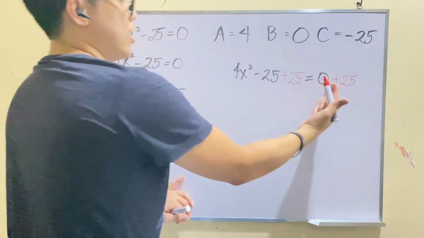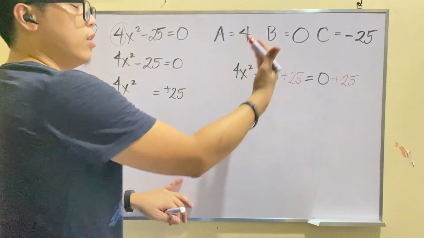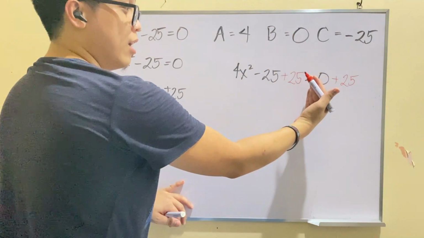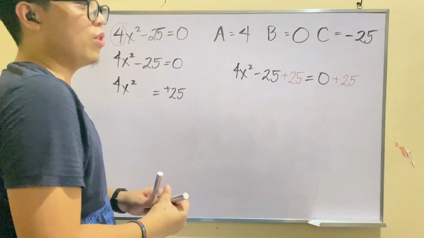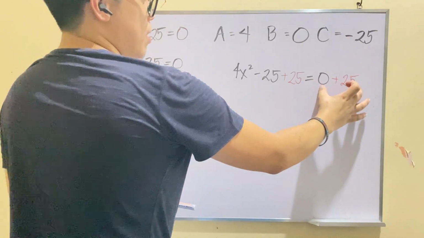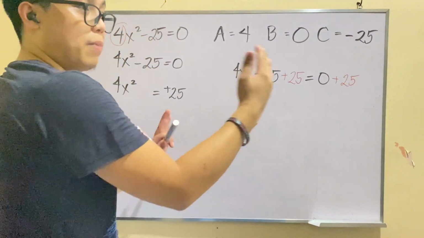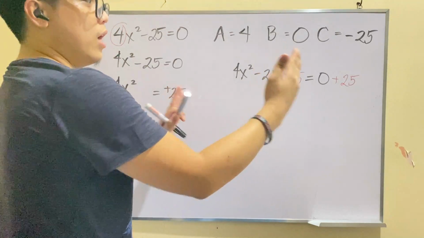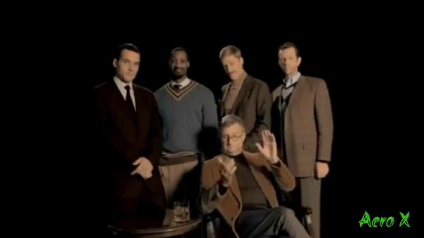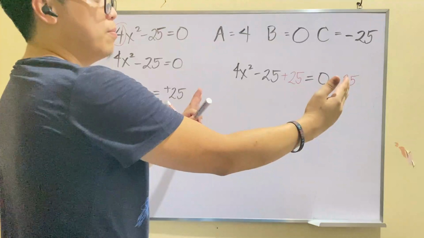Hindi pwedeng one-sided love lang. Ay, no, hindi pwedeng one-sided lang na paglalagay ng number. Dapat sa kabilang side ng equal sign, may ilalagay ka din. So, dapat patas para walang masaktan. Or walang magkamali.